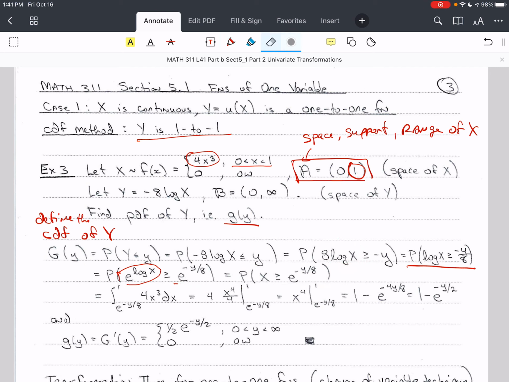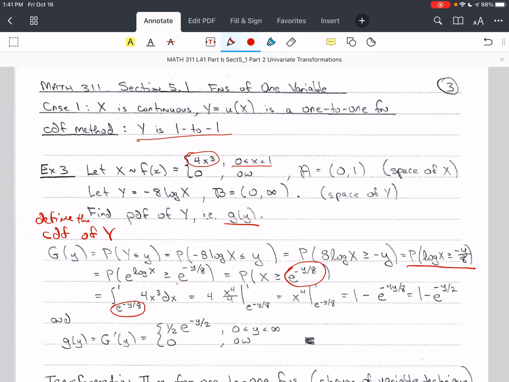So, what we're going to do is take the integral now. It says greater than this value, so that is the lower limit in our integral. Remember that for continuous distributions, you're always integrating. You're not using summation. You're integrating. Okay. And so we have to look at the space of x up here, and we see that x goes from 0 to 1.